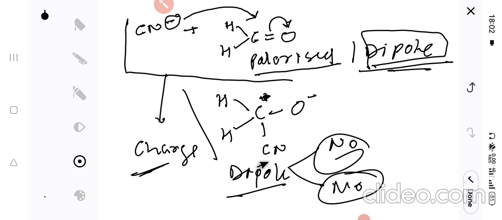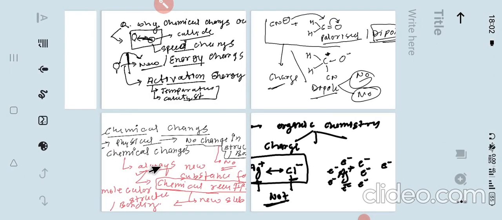So the third way to carry out a chemical change, to carry out an organic reaction or any reaction, is that it must have interaction of orbitals.